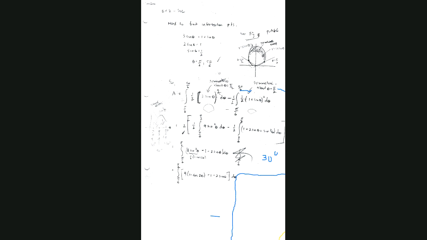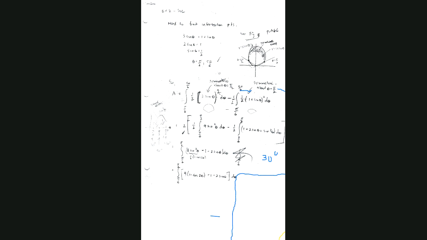To get the area of the black region, to get the area of this black region here, you have to take the difference of two areas.